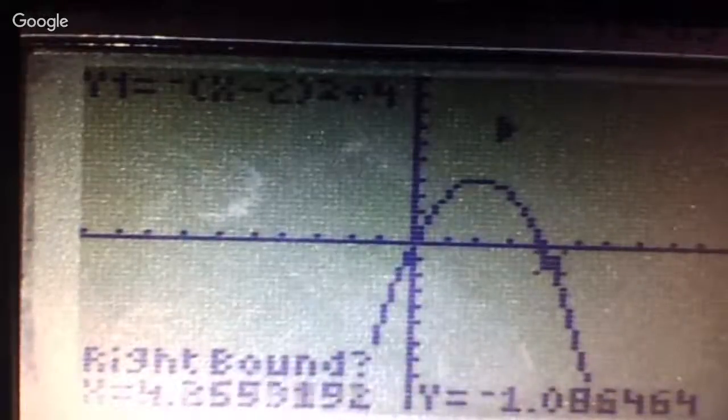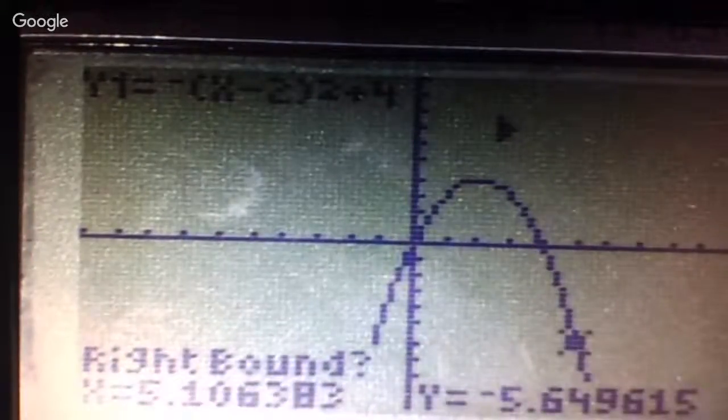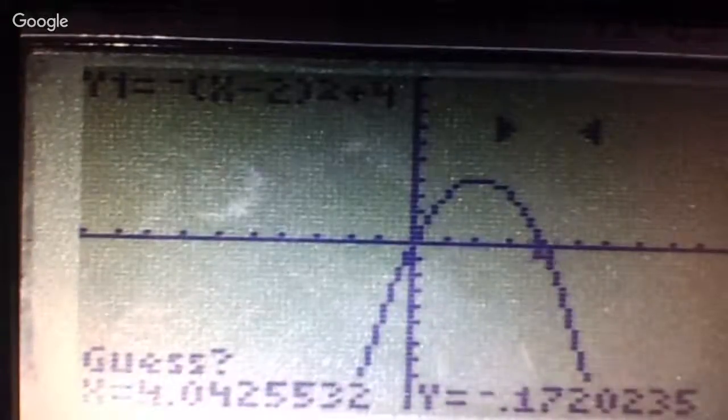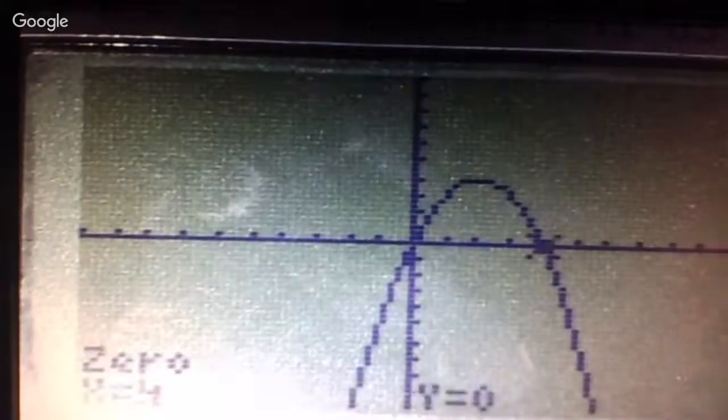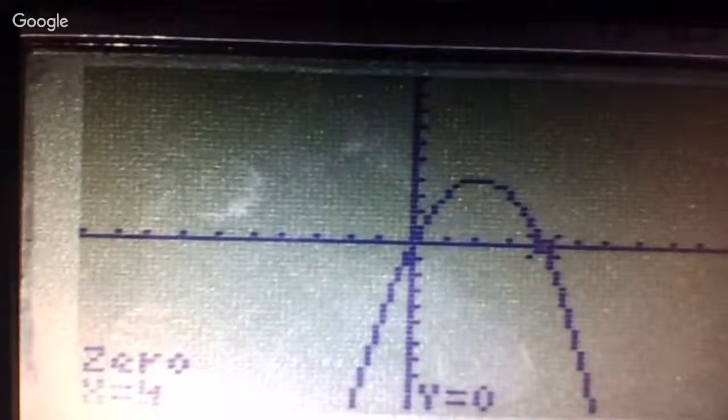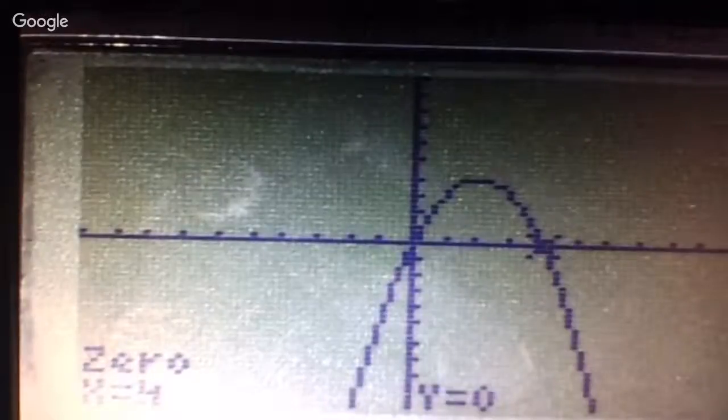Now go to the right of it, hit enter, and then go back to where I think it is and hit enter one more time. This crosses at 4. So your roots are 0 and 4.